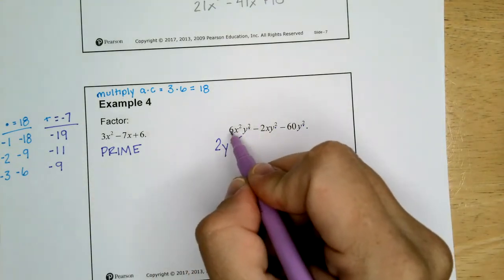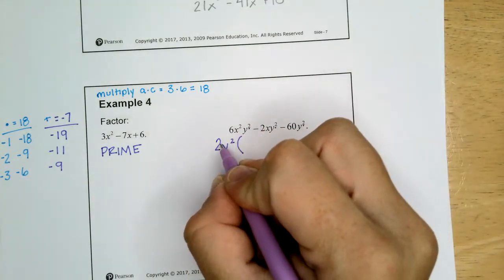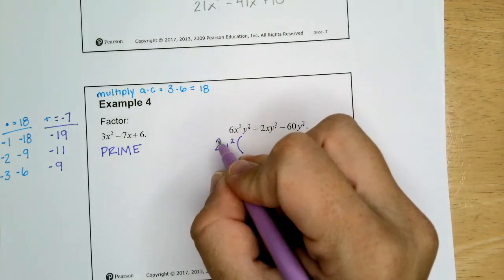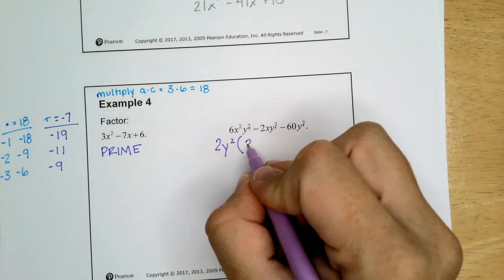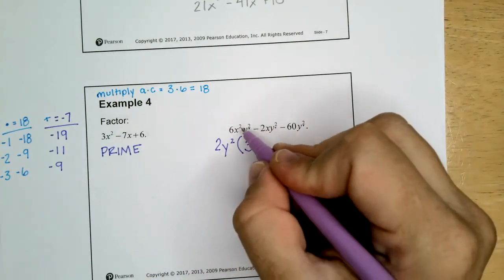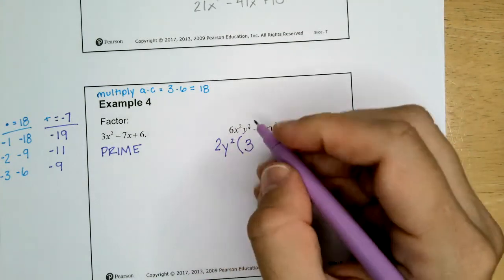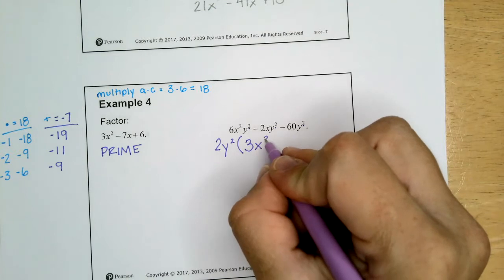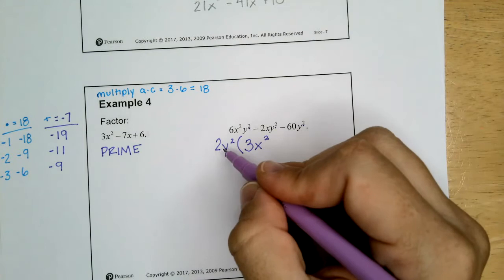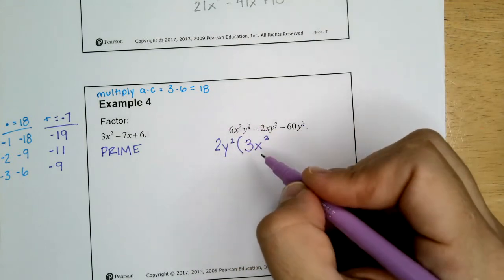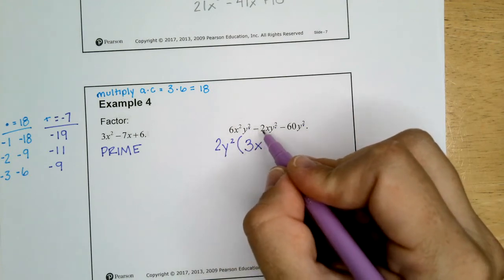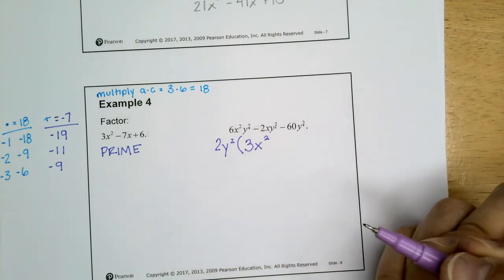So I'm going to pull out a 2y squared from each of these. To change 2 to 6, I need to multiply by 3, right? To get x squared, I need the x squared, but the y squared is already there. So 3x squared times 2y squared will give me this. Now, -2xy squared.